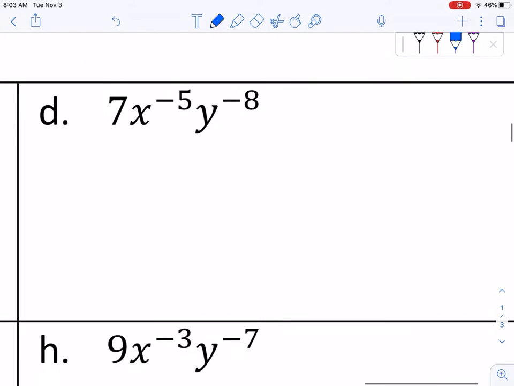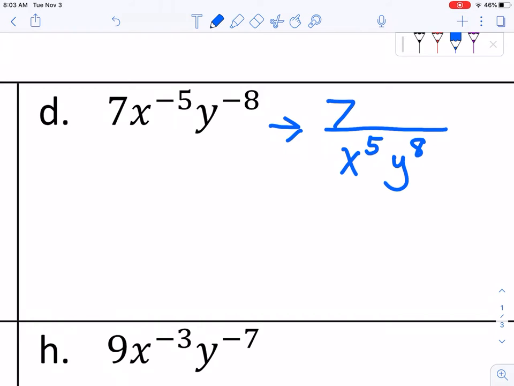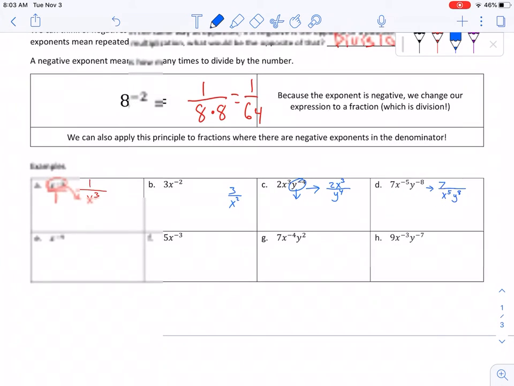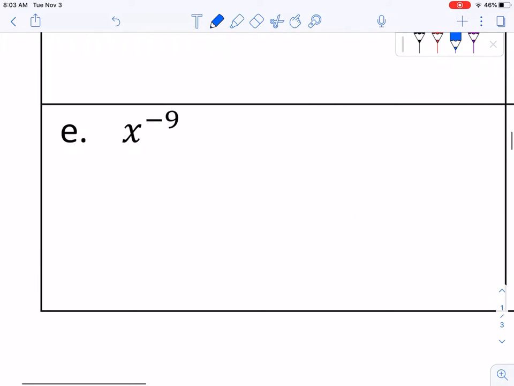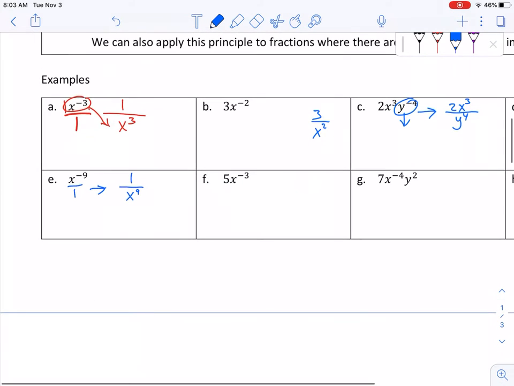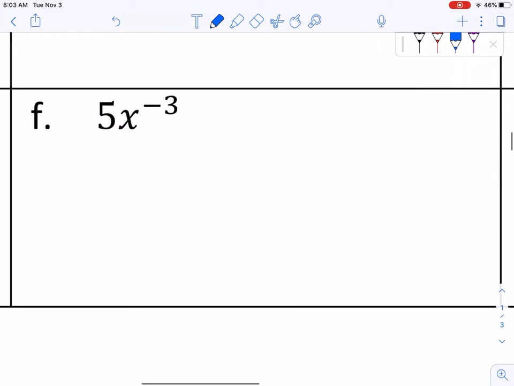Okay? So for this one, and you'll see, hopefully pretty quick, you can look at them and say, okay, the 7 stays, the x to the -5th needs to move, the y to the -8 needs to move. Done. Okay, x to the -9 again. This is sitting over 1, so it needs to move down to the denominator, and I use 1 up top for my placeholder.